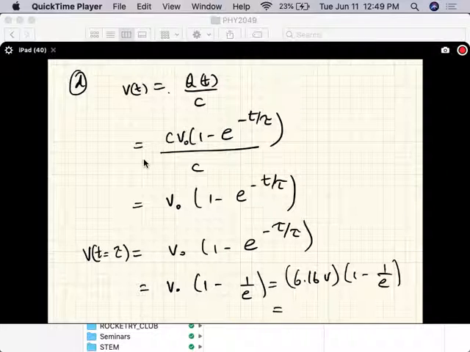So from this expression you can see that at t equal to infinity the exponential would be 0, and the voltage across the capacitor would be equal to the battery voltage.